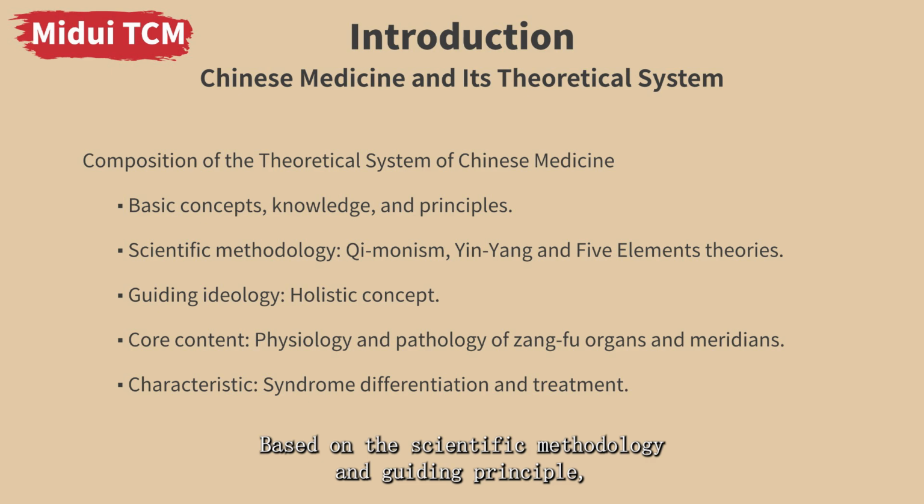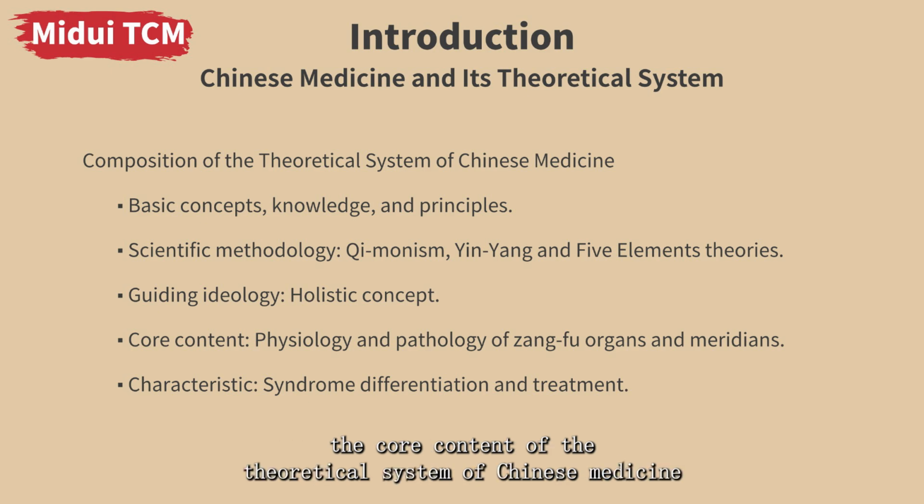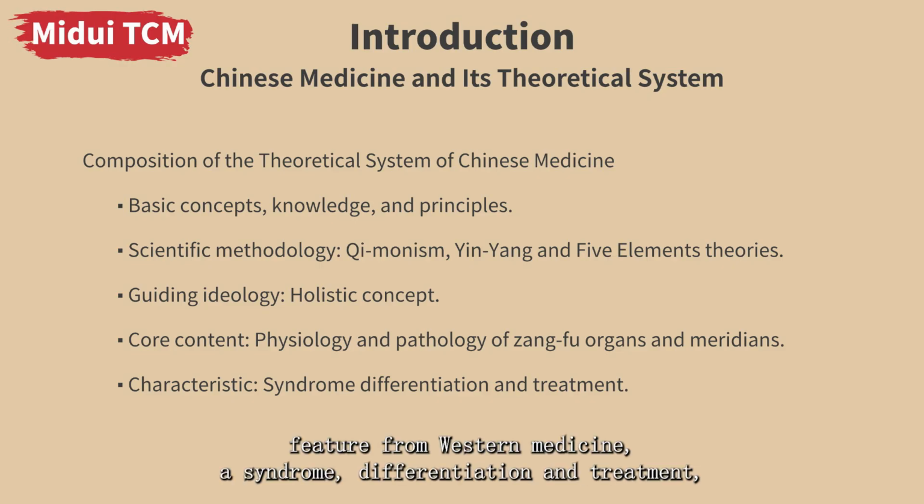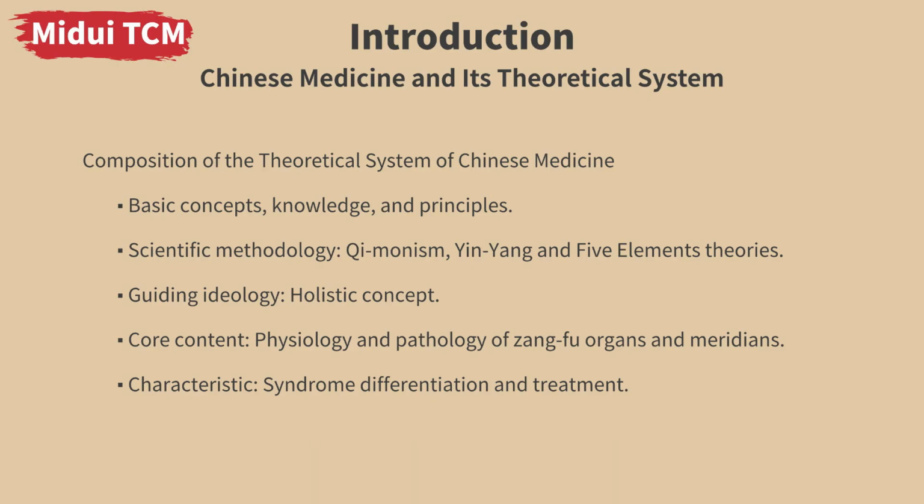Based on the scientific methodology and guiding principle, the core content of the theoretical system of Chinese medicine is the physiology and pathology of the Zangfu organs and meridians. 4. Its distinguishing feature from Western medicine is syndrome differentiation and treatment. The theoretical system of Chinese medicine is composed of these four elements.